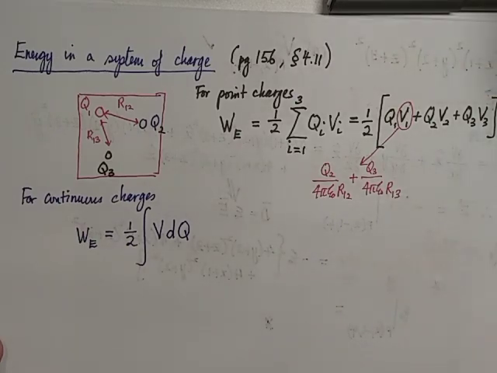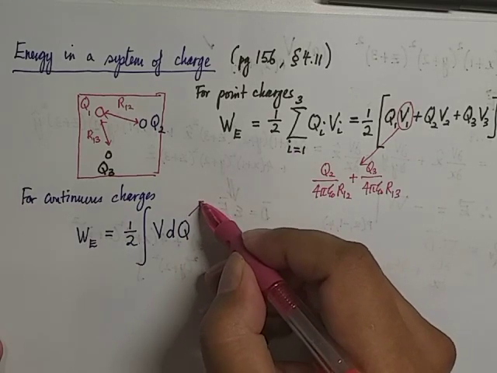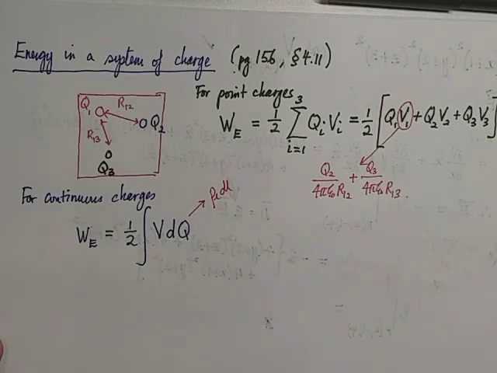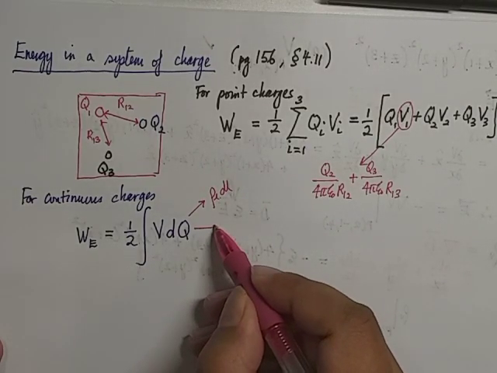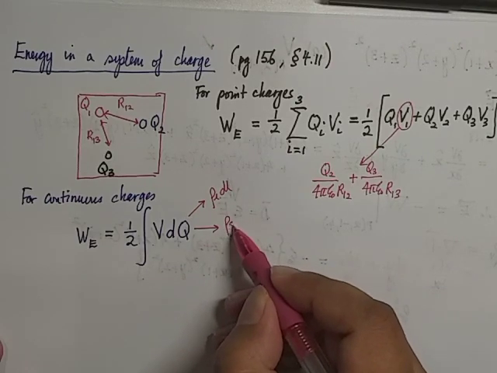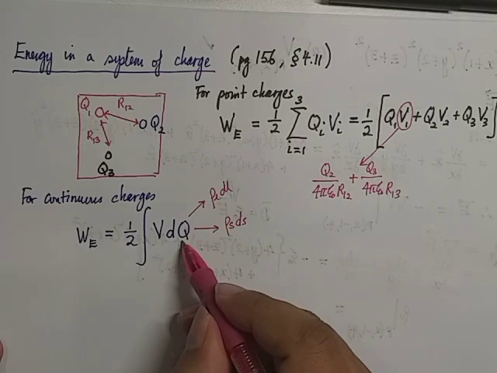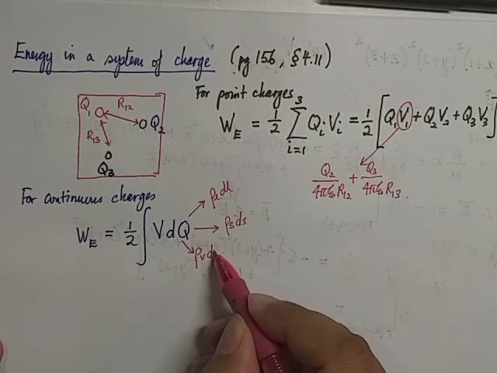And logically as well, if we are dealing with line charge, the dq needs to be replaced with rho_L dl. If we are dealing with surface charge, the dq needs to be replaced with rho_S ds. And finally, for the volume, we need to replace the dq with rho_v dv.